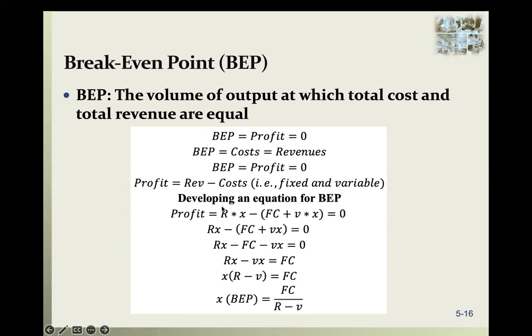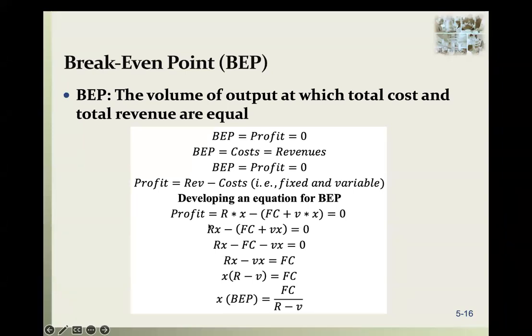So this is total revenue, R times X. This is revenue that's coming into your pocket. And when you subtract your cost from this, the part in parentheses is the cost, which means fixed cost plus variable cost multiplied by the number of units you are selling. That is variable cost and fixed cost together, that's total cost. So profit is equal to your revenue minus total cost. And at the break-even point, it will be equal to 0.